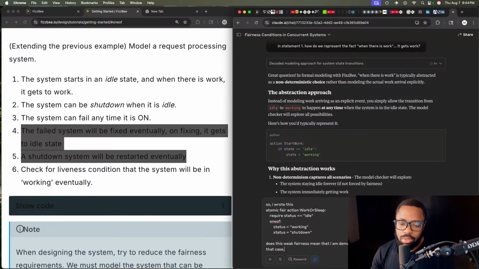In that case, does that mean I'm also requiring the system, but actually that does not make a whole lot of sense, because even if it gets enabled once and then you set a status to working or shut down, then that same action becomes disabled, right?